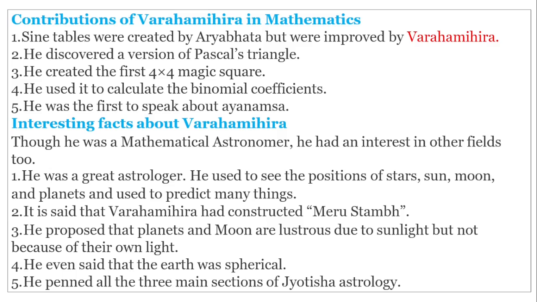He is the person who said that the earth was spherical. In fact, it is believed that Indians knew that celestial bodies were spherical, because the name for astronomy in Sanskrit is Khagola Shastra.